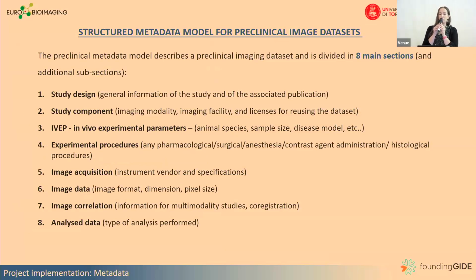It has the in vivo experimental parameters, the experimental procedure, or any interventions that were made during the studies, the image acquisition parameters, image data formats, image correlations, whether, for example, some co-registration of multimodal studies were made, and then what kind of analyses were performed.